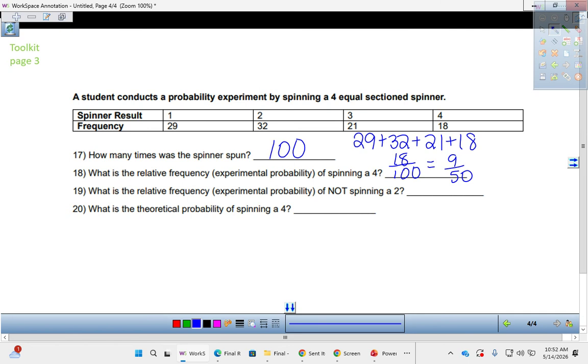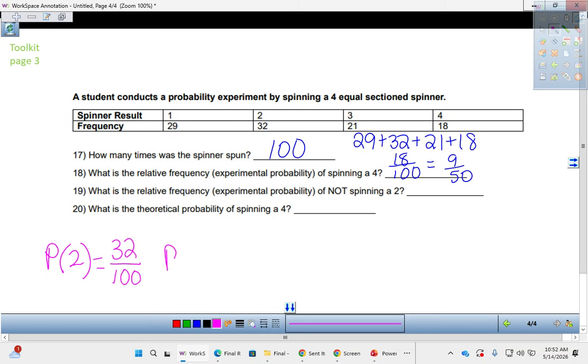What is the relative frequency, experimental probability of not spinning a 2? Okay, this was from yesterday. Complement probability. You can find, just off to the side here, the probability of spinning a 2. So 32 out of 100.